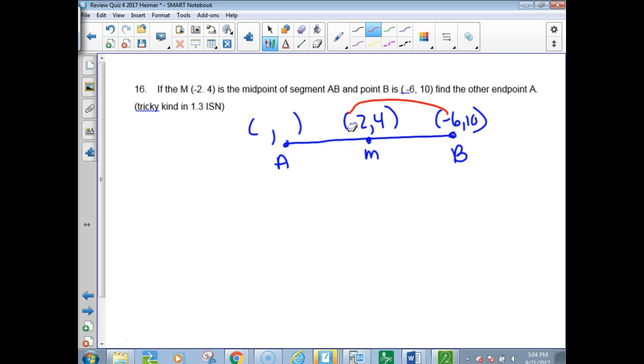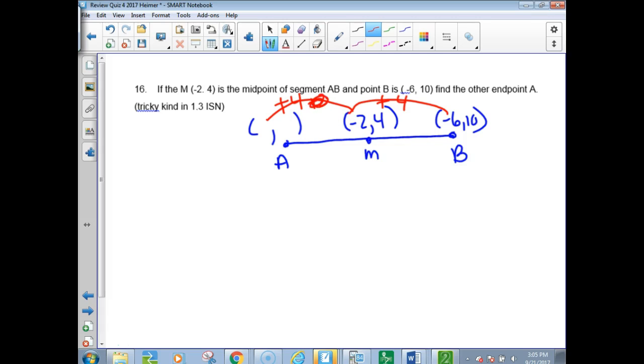-6 to -2. How far is that? Did you go up 4 or down 4? If you're going from -6 to -2, you are going up. If you're going from there, you're going up another 4. So we're going to do 4 plus -2.